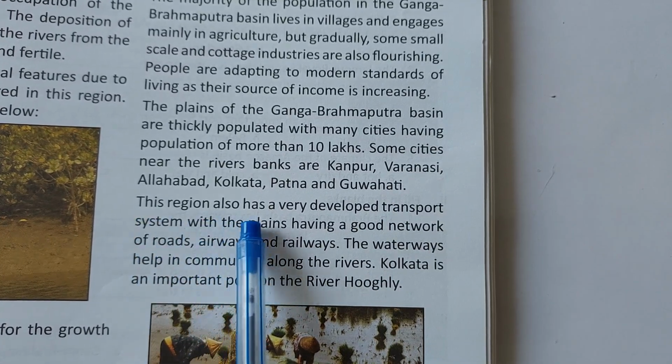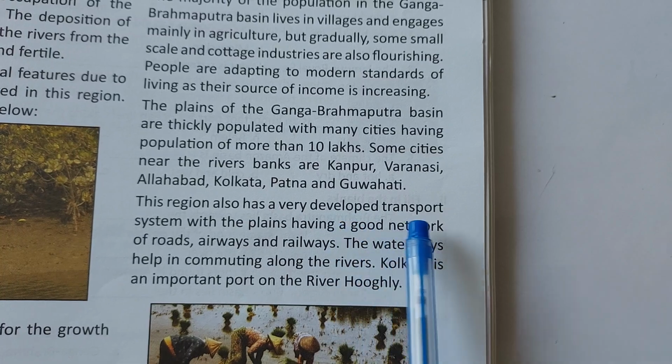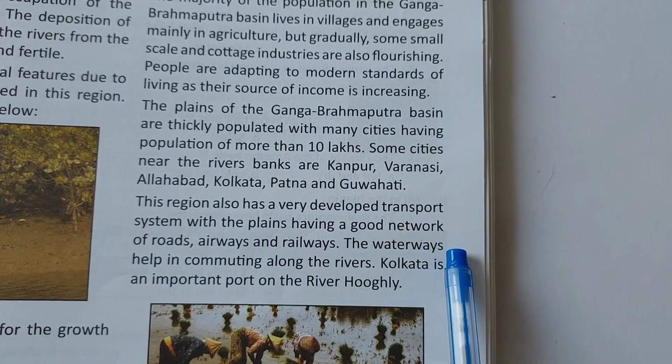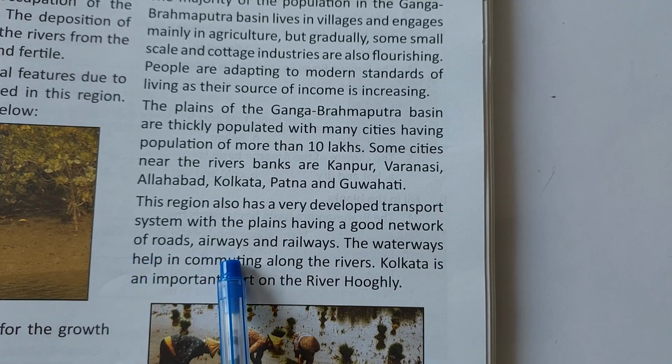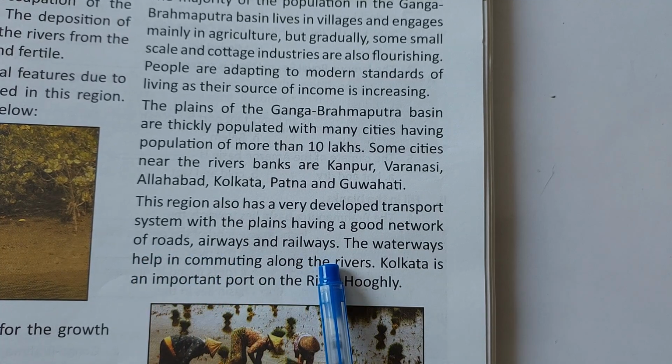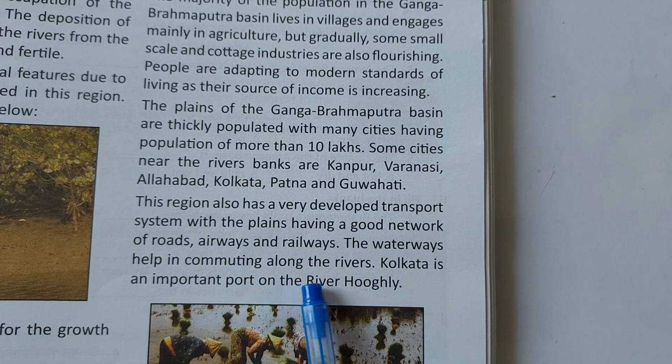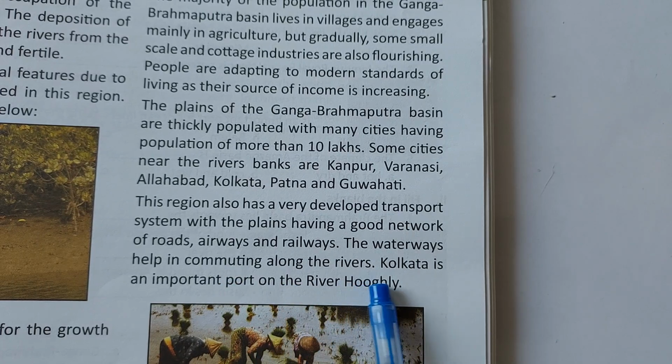This region also has a very developed transport system, with the plains having a good network of roads, airways and railways. The waterways help in commuting along the rivers. Kolkata is an important port on the river Hooghly.